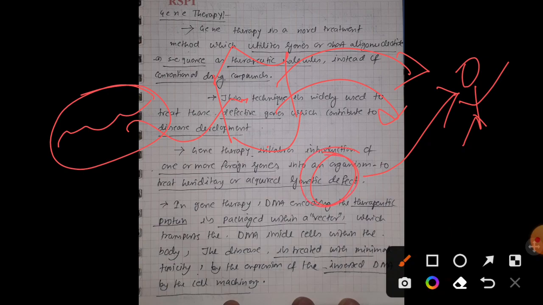The first situation, where we first transfer the gene-containing retrovirus vector inside a cell and then into the body, is known as ex vivo gene therapy, and where we transfer the vector directly is in vivo gene therapy, okay.